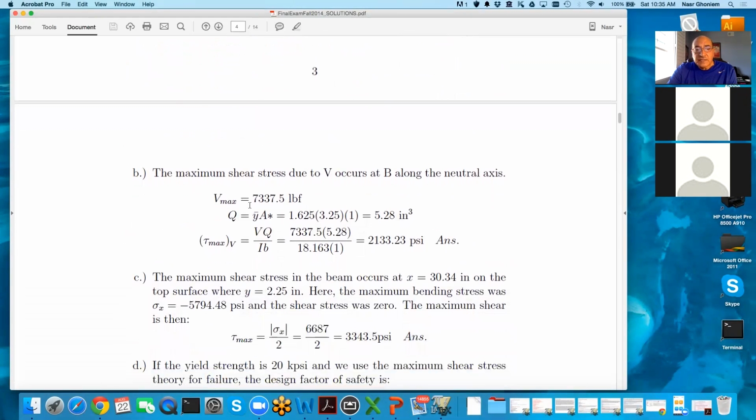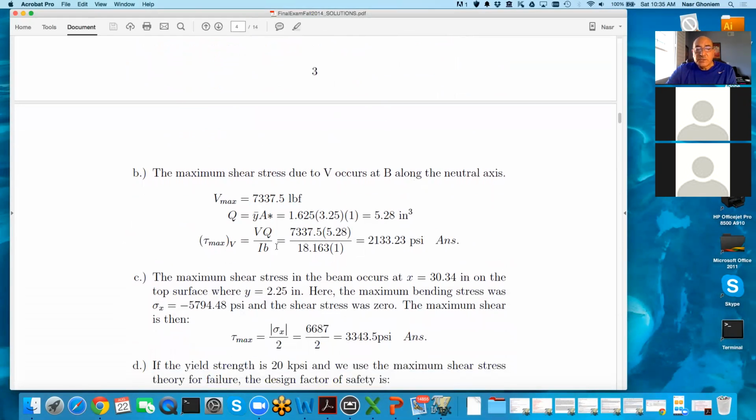We have to calculate the V. Once we find it, then we have to find Q for the area. So it's another property of the area. And Q depends on the position from the top to the bottom. At the top Q is equal to 0, and they accumulate it down. So this is along the neutral axis here, the V and Q.